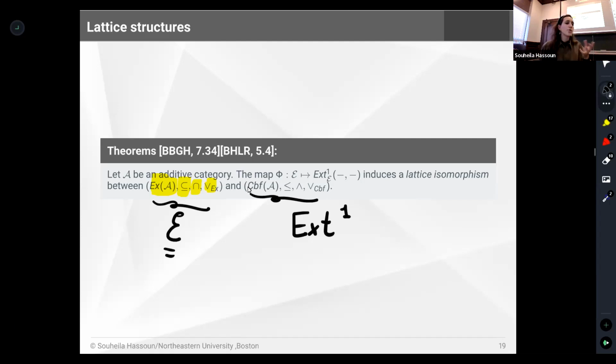But there are some rare cases when we have just one structure. For example, if you take a triangulated category, the minimal and the maximal one will be the same, just the split one. So the only structure that exists is the split one. Sometimes we only have one, but usually they're different.